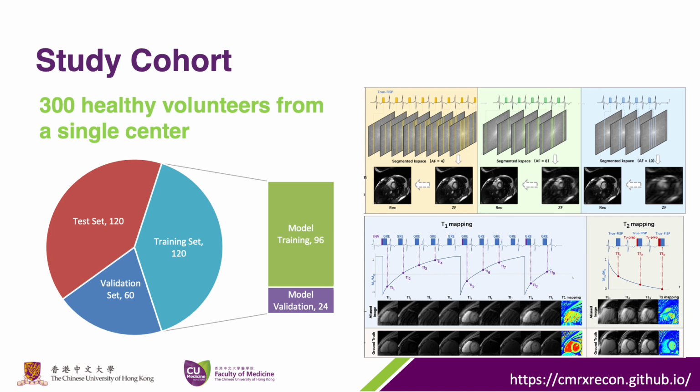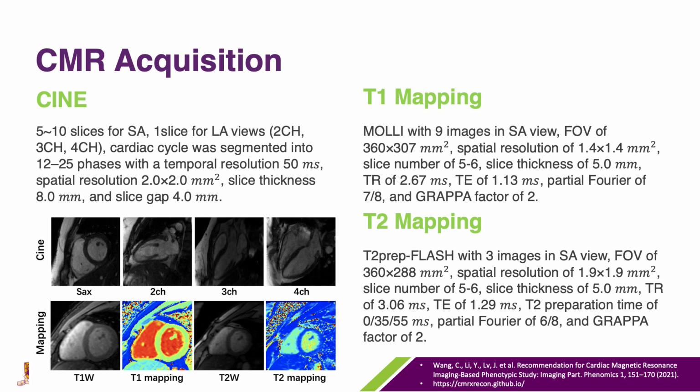Additionally, we had separate validation and test sets for further evaluation. The data acquisition details for both tasks are listed here. Our team, called CLAIR, has participated in both the Cine and the mapping task.